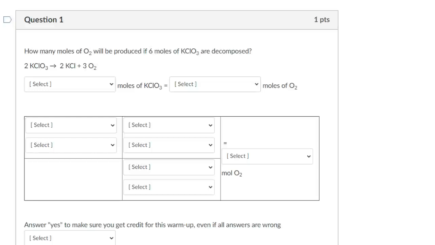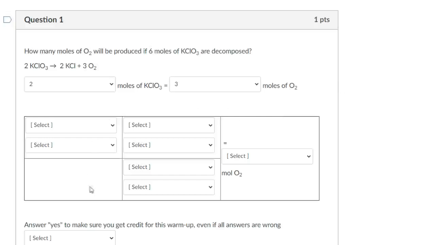So the first thing we need to solve for is to figure out my molar ratio. If I look at my KClO3, I see it has a coefficient of 2 in front of it. So I should select 2 moles of KClO3 are equal to moles of O2. So over here, I have 3 moles of O2. So I'll select the 3.